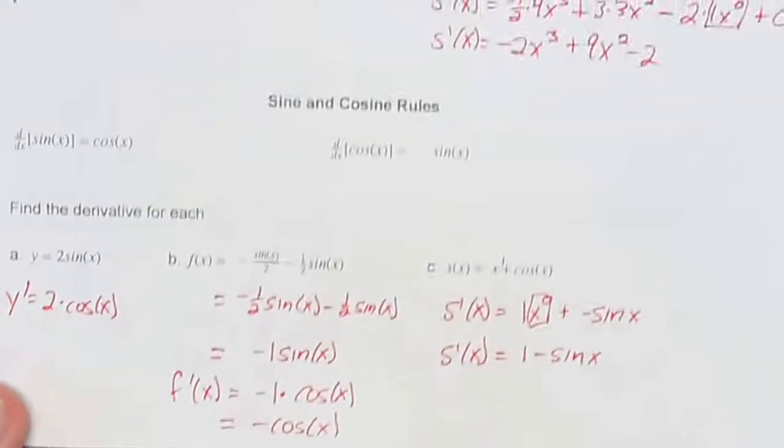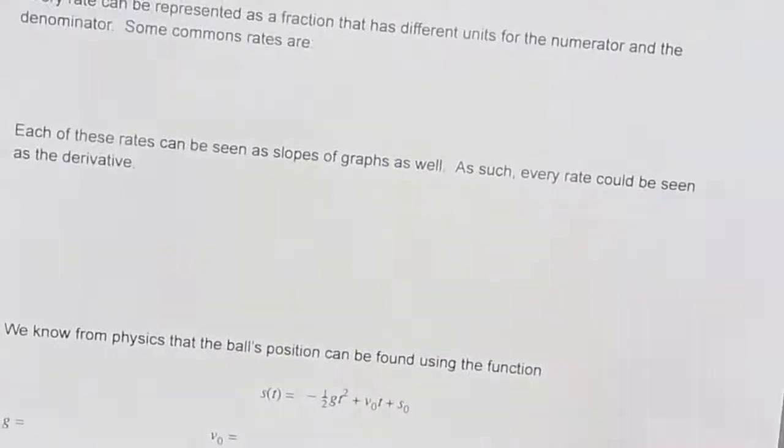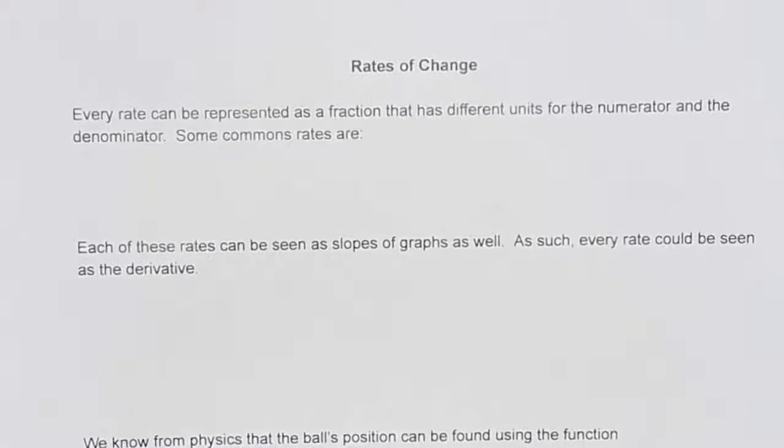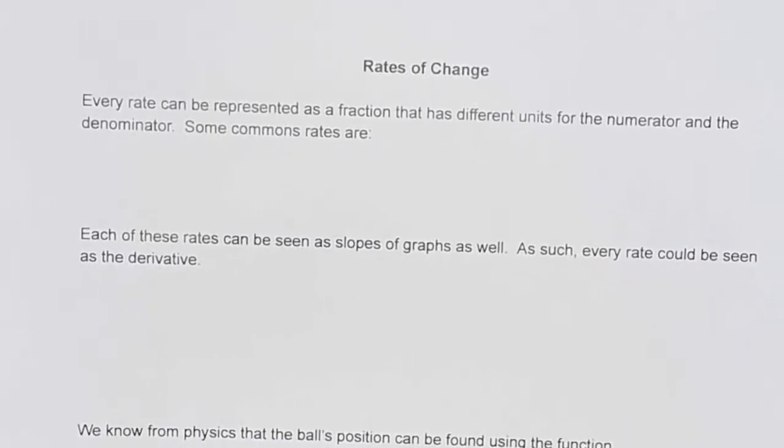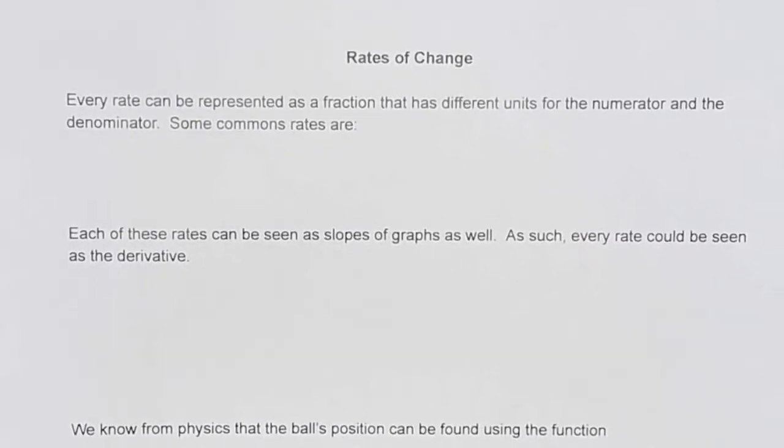Okay, let's go ahead and flip to the next page. The next page on your note sheet is about rates of change. Rates of change are important, and they're related to the derivative, because if you remember, the derivative is the slope of the tangent line.